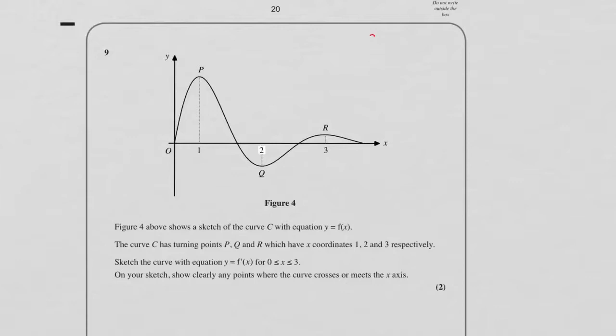So if your gradient is increasing, so like it is here, your curve's going up, so the gradient is going up. So that means your gradient will be positive. That means f dash of x will be above the x-axis.